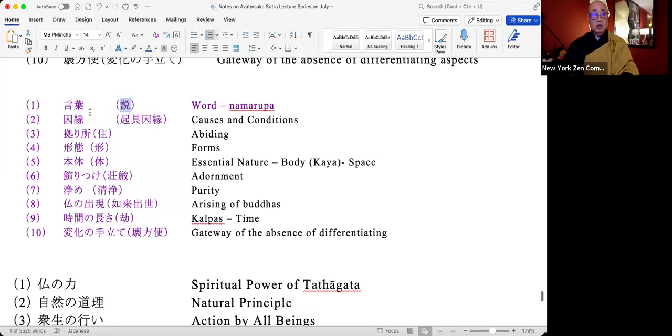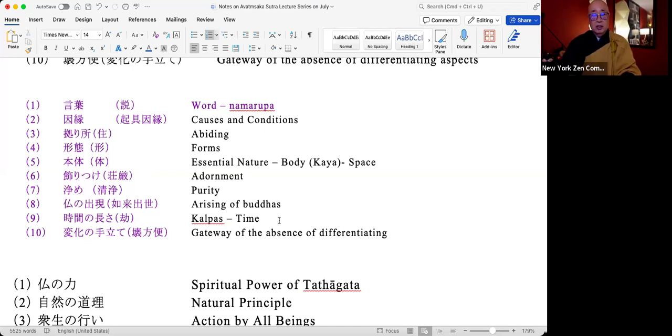Cause and conditions, innen, abiding, ju, form, keitai, katachi, essential nature, it's hontai or body, so it's kaya, sense of space, and then adornment, purity, same word, and then arising of Buddhas. Arising Buddhas also gives the opportunity for the beings to make a contact with the Buddha's teaching.